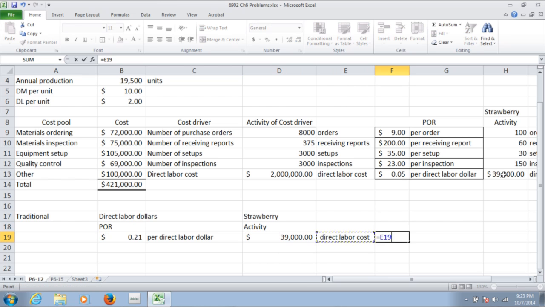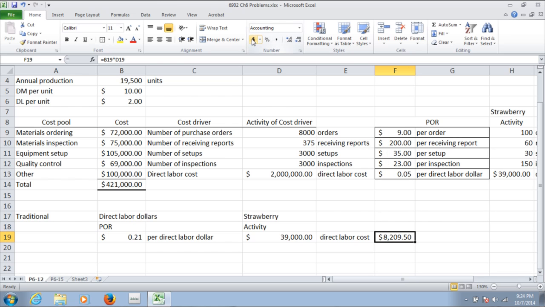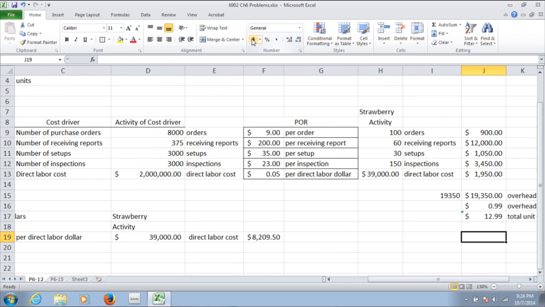So when we take the product of these two, 21 cents per direct labor dollar, and multiply by 39,000 direct labor dollars, we get $8,209.50 as our overhead amount.